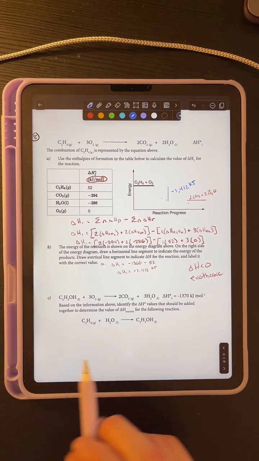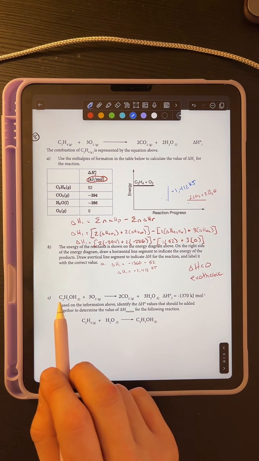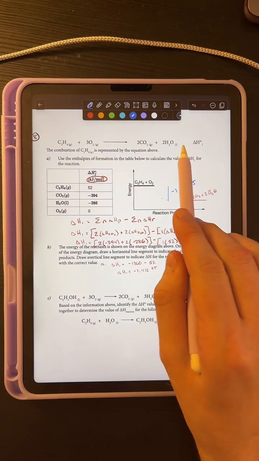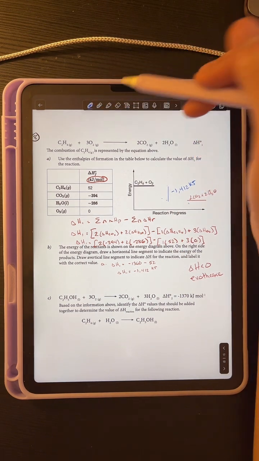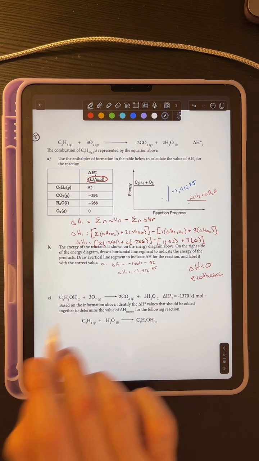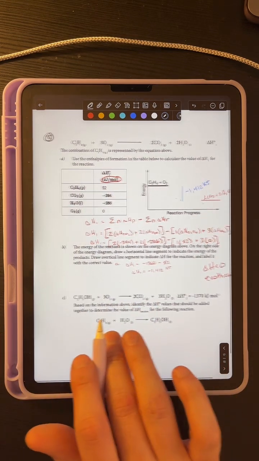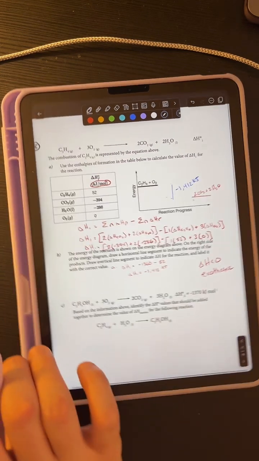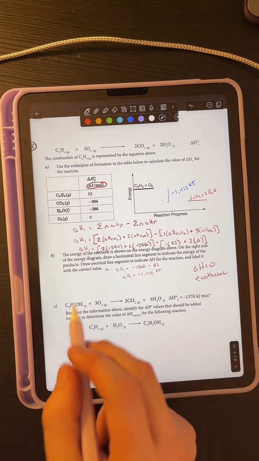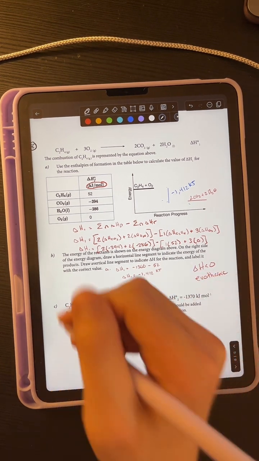So here we are given this reaction, but we also have this top reaction. So what I'm going to do is write that top reaction above the second reaction here, because we have two reactions now. Can anyone guess what this is going to be when we have two reactions and an overall reaction?